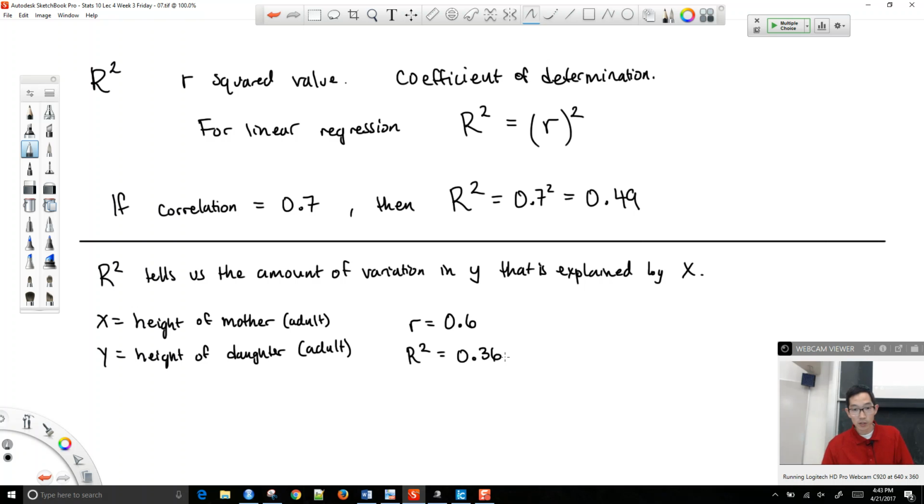And r squared tells us the amount of variation in y that is explained by x.